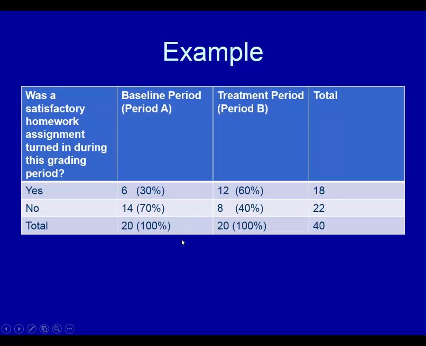So if you look at this initially to see whether or not the treatment period was better, you would compare the 60% over here with the 30% over here, right? That's a critical thing to examine when you lay out your data like this.